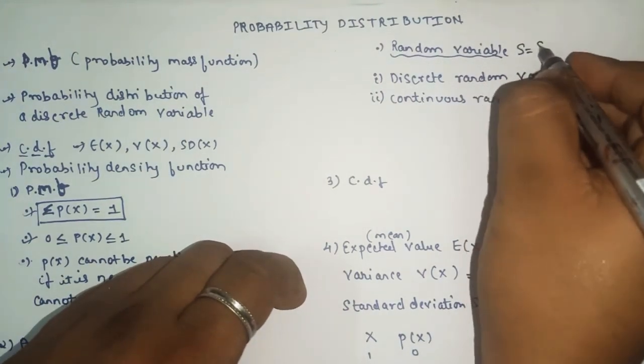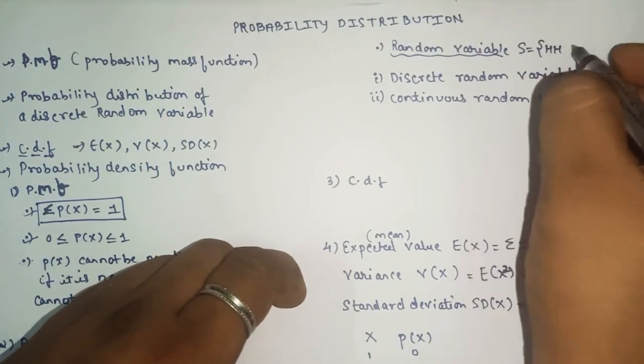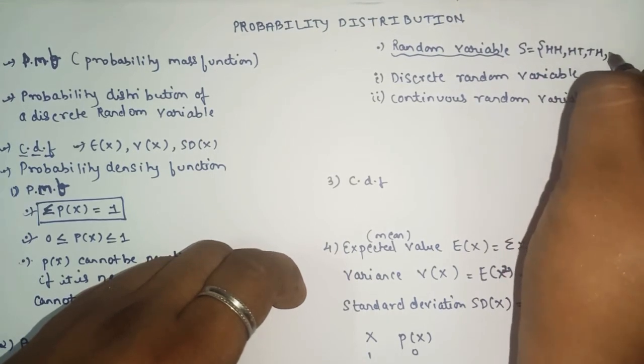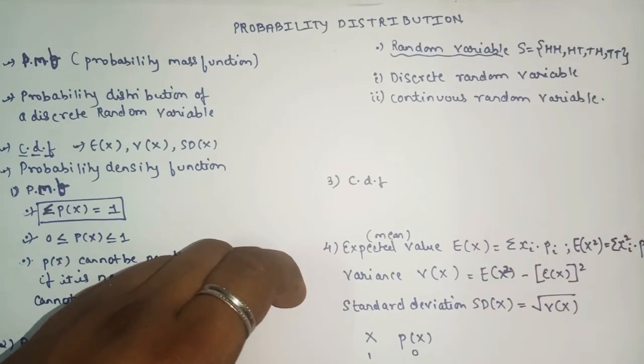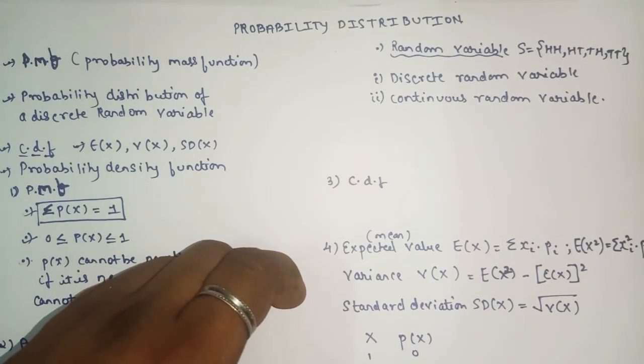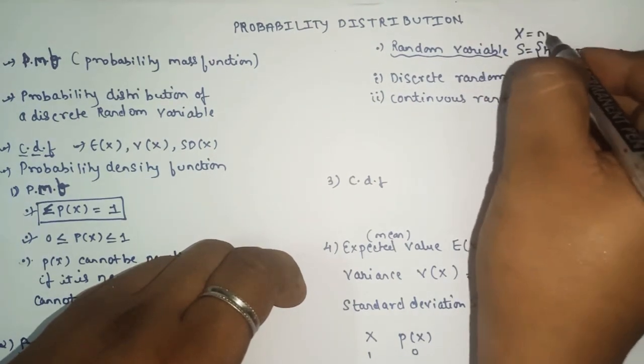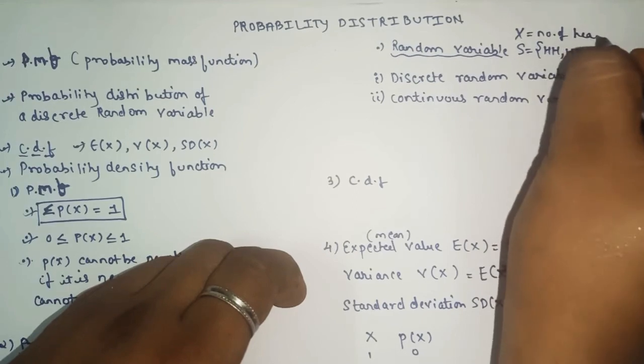If two coins are tossed, it is HH, HT, TH and TT, yes or no? Here we'll consider, let X be the number of heads.